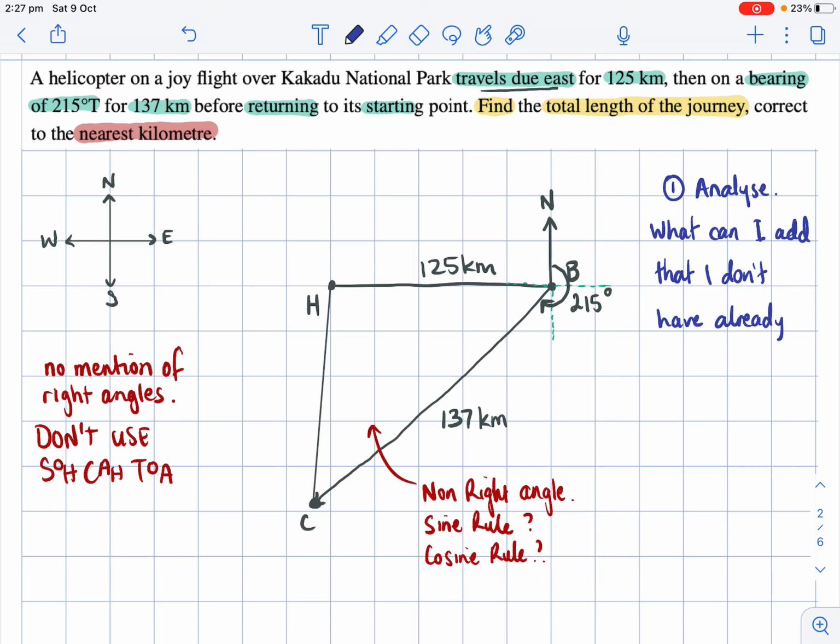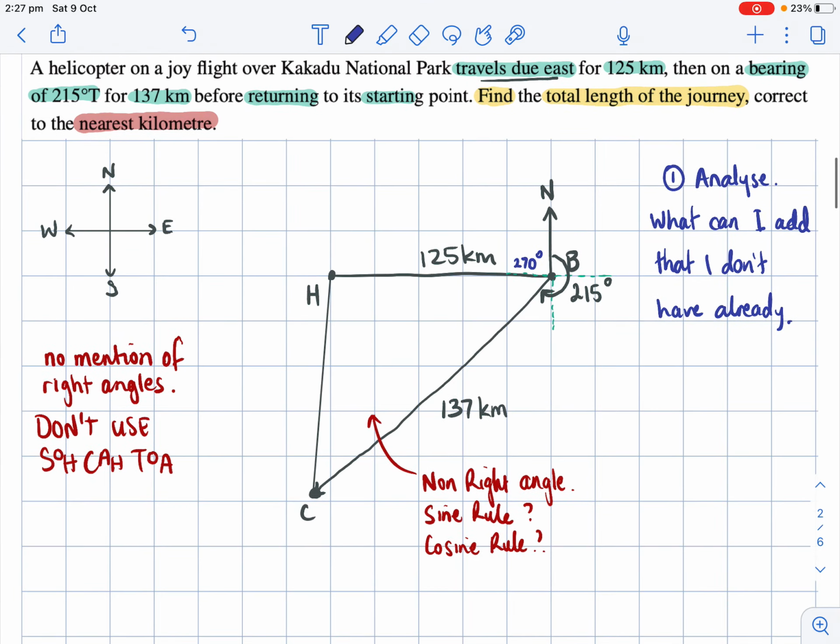And hopefully those people who know I work too slowly are screaming out at me, you can find the angle. And absolutely, we can find the angle. I gave you a hint before by saying that this line was 270 degrees round to this point. Because if I've got 215 and I've got 270, I can find out what that part is there.